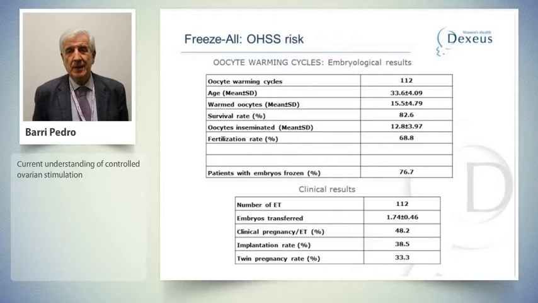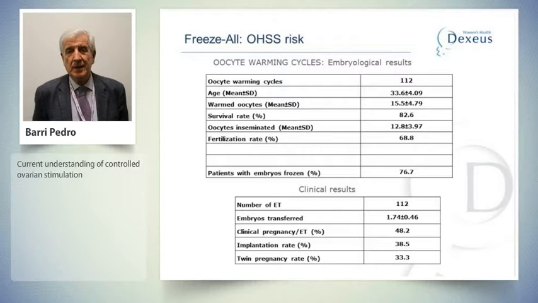Here we have the experience with 112 patients, young patients, 33 years of age as a mean, warmed oocytes per patient 15, survival rate after warming 82%, the fertilization rate after warming was 68%, and 76% of the patients had embryos frozen.